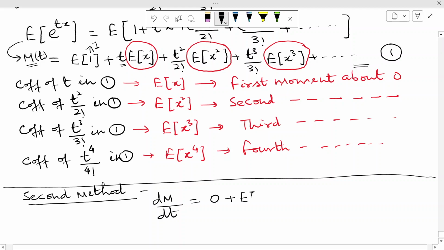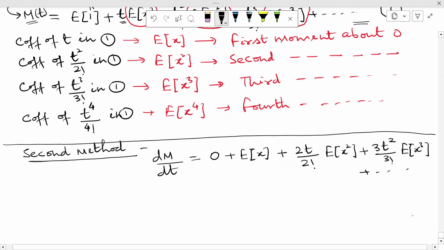So this will be expectation of x plus the derivative of t square, which is 2t upon factorial 2, times expectation of x square, and the derivative of t cube is 3t square over factorial 3 times expectation of x cube, and so on.